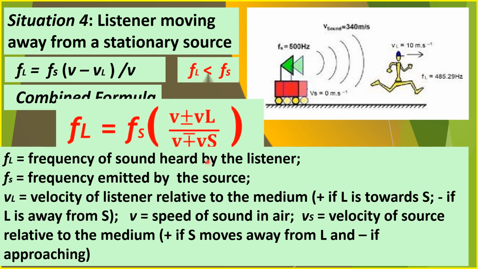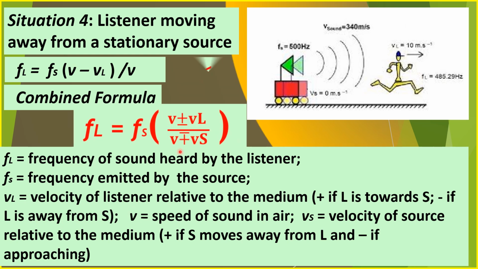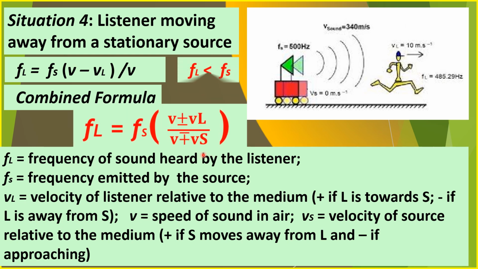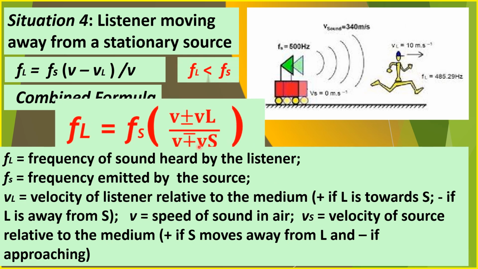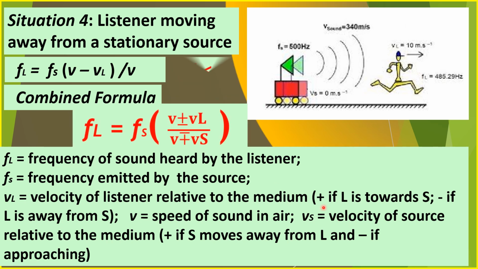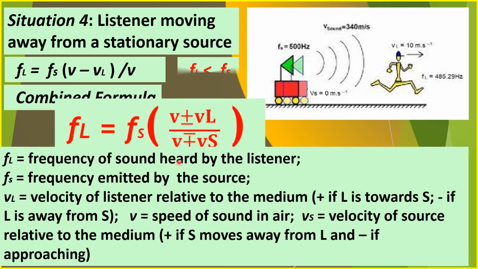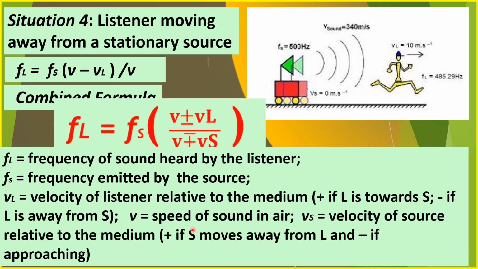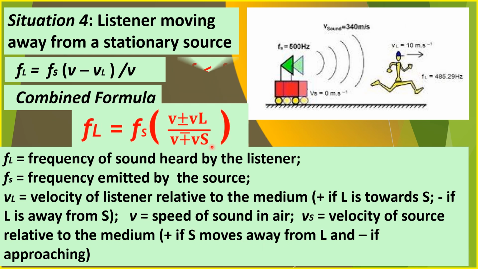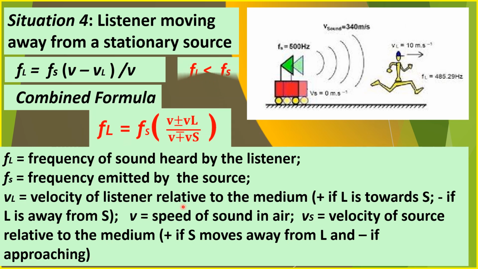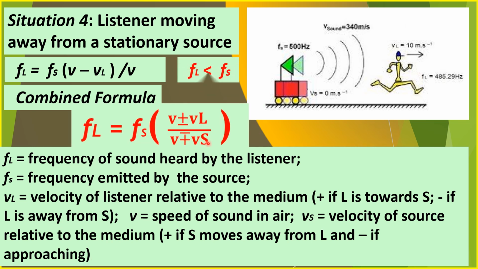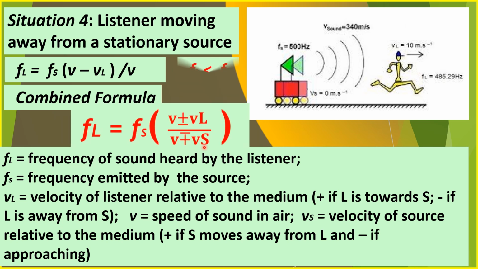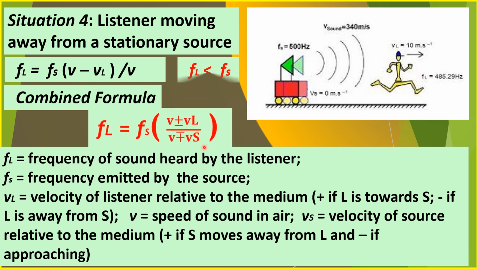Now how about the signs in the denominator? That pertains to the speed, or velocity, of the source. We use the minus sign if the source is approaching the listener, moving towards the listener, regardless of whether the listener is at rest or also in motion.